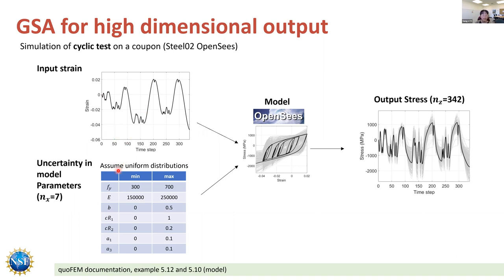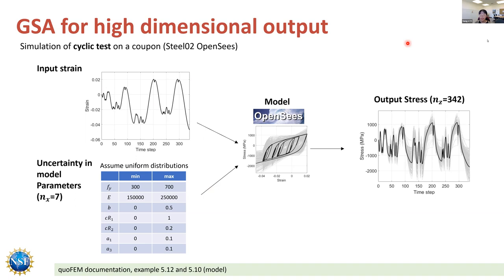And then there is uncertainty in the material model parameters. By running a simulation model written in OpenSees, we can get the output of the response, which will be the stress time history. So given a fixed strain time history, we still get uncertain output because our model parameters are uncertain.